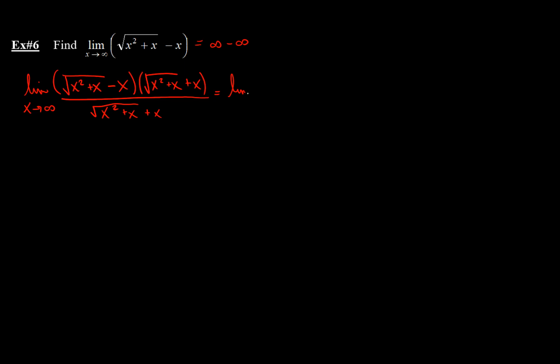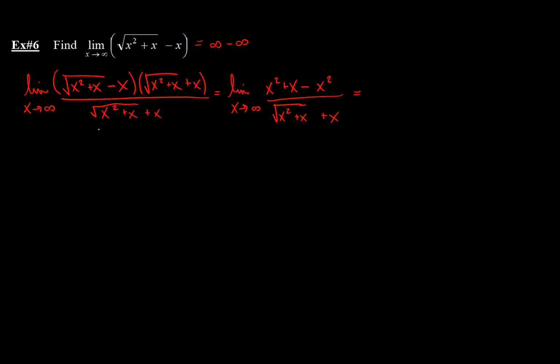Next, let's go ahead and FOIL out and cancel some things. The denominator is going to stay super unfancy. It's just going to be the square root of x squared plus x plus x. On the top, we're going to have x squared plus x minus x squared, because we have a difference of squares, right? The insides pop out. Just so you know, the first thing squared minus the second thing squared.